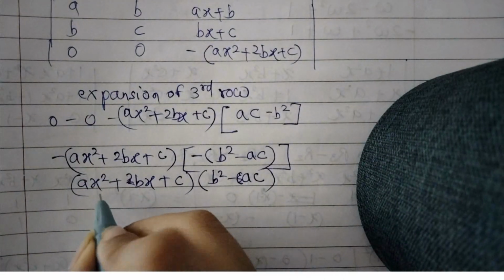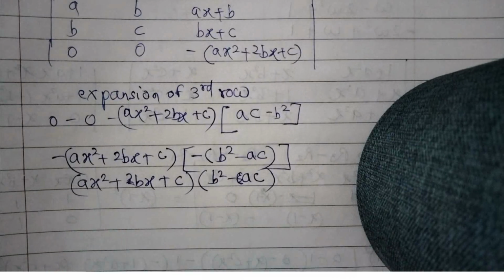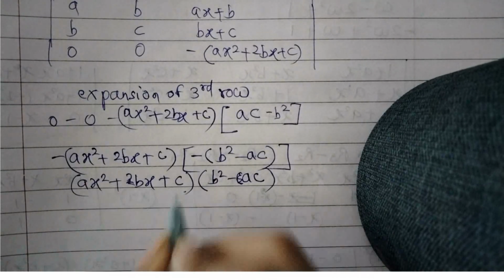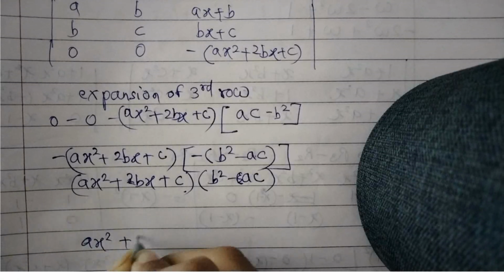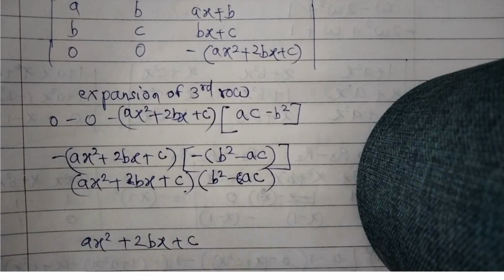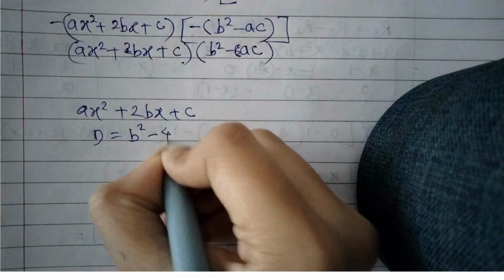Now they have given us the discriminant of this expression as negative. So let us find the discriminant of ax square plus 2bx plus c. Discriminant is equal to b square minus 4ac.